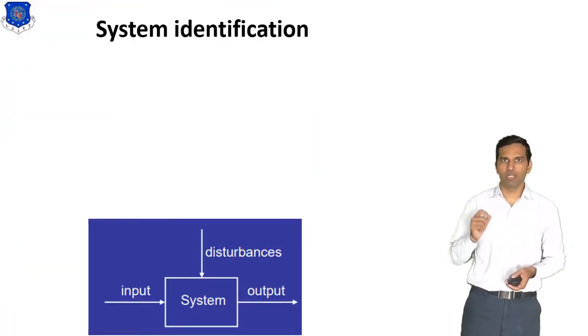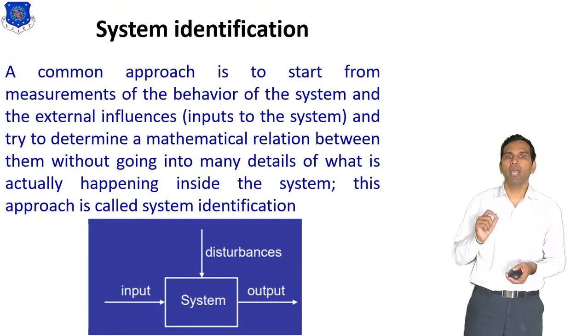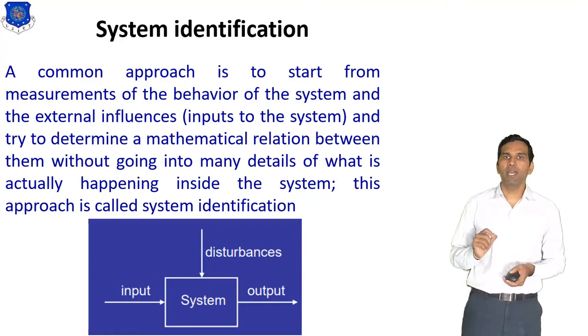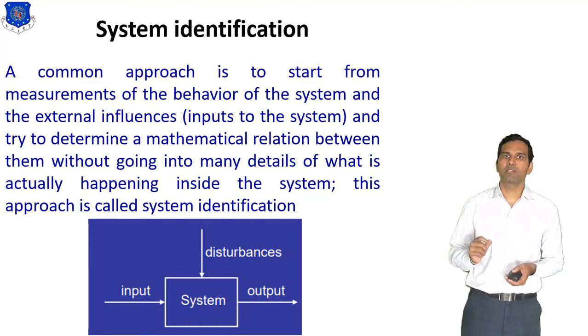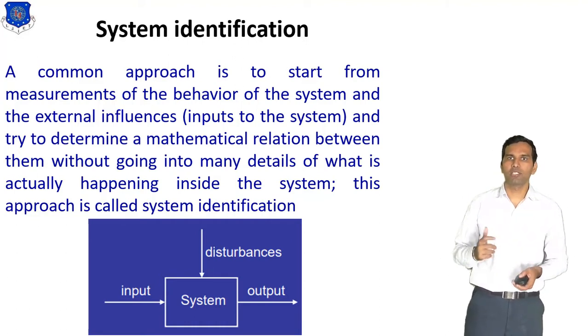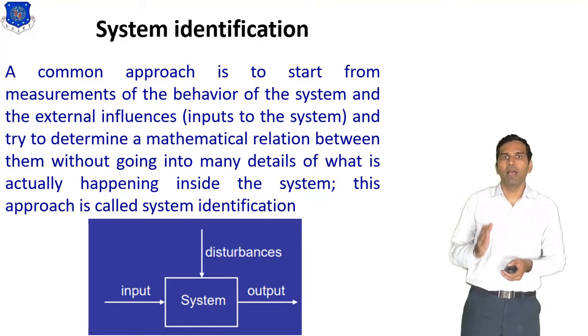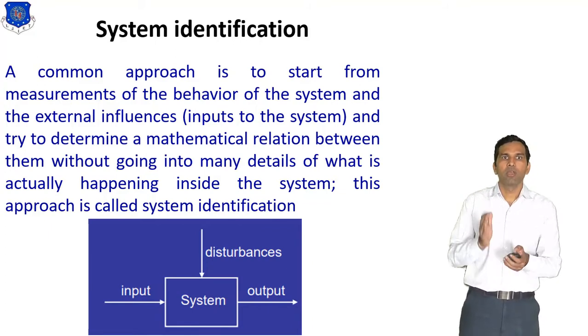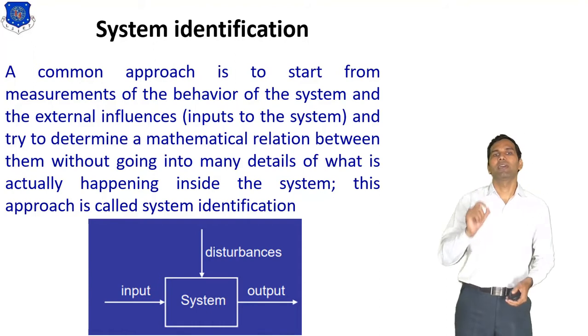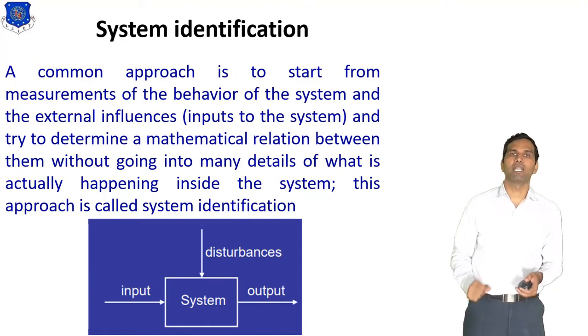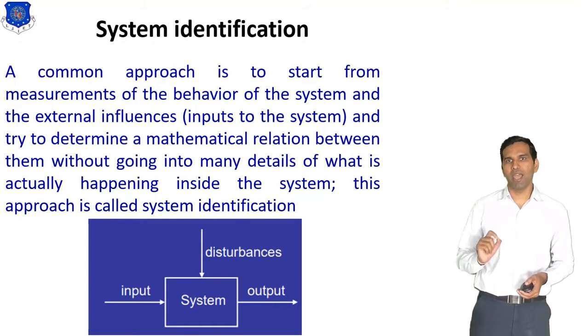Then we also understand system identification like this: a common approach is to start from the measurement of the behavior of the system and the external influences, like input to the system, and try to determine a mathematical relation between them without going into many details of what is actually happening inside the system. This approach is called system identification. So this is the simple and short definition.